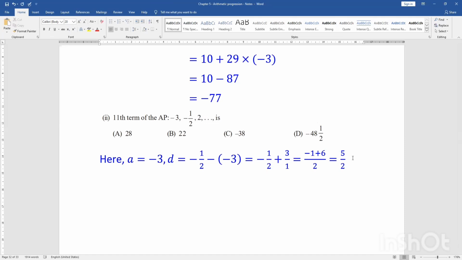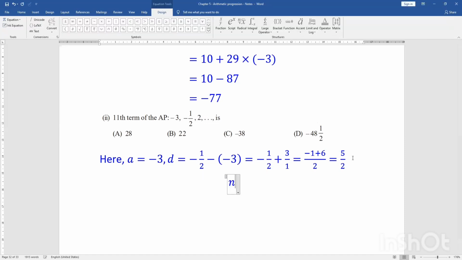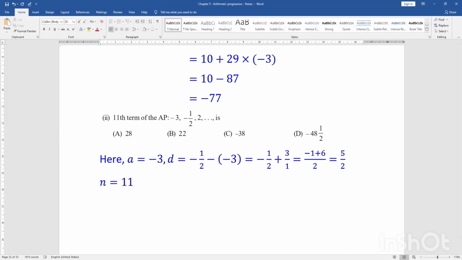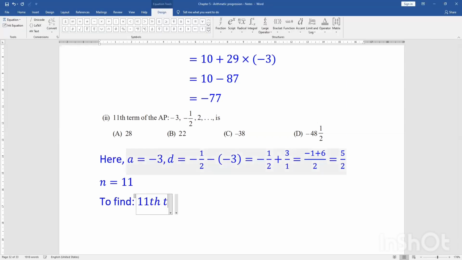And then what else are they given? They give the number of terms. You take n as 11, because we need to find the 11th term. So to find the 11th term, that is a11.